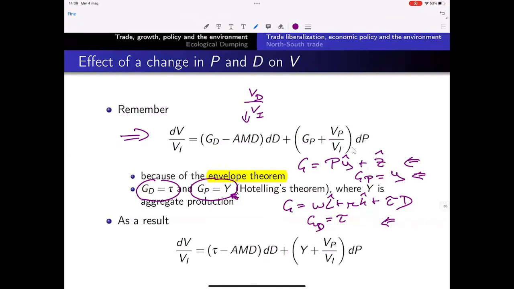So I'm using here the envelope theorem. I can therefore substitute these results into my equation above, and what I get is tau minus, tau is my tax rate, if you remember, minus the aggregate marginal environmental damage. Here I have y plus Vp over Vi.